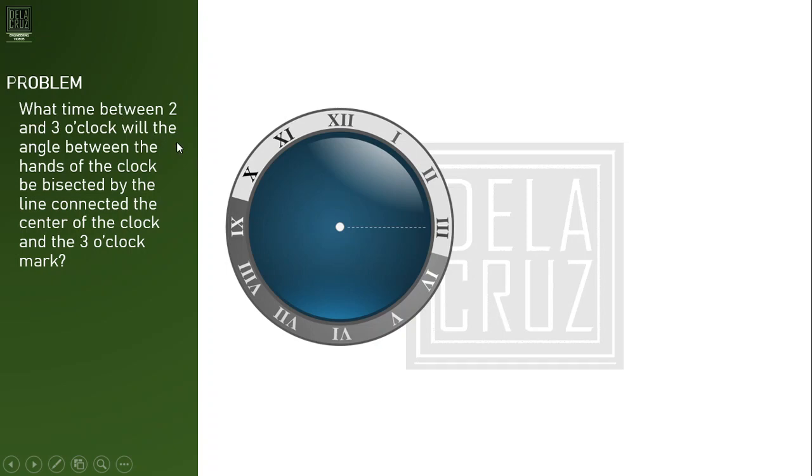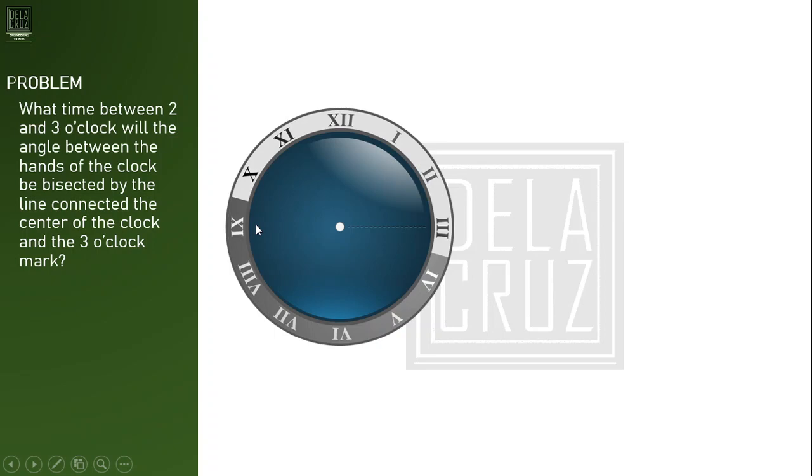So yung time natin, we are certain that that is around 2 o'clock further, no? 2 o'clock upward. Because sinabi niya dito, what time between 2 and 3 o'clock. So it is between the 2 and 3 o'clock. So somewhat in the 2 o'clock mark pa siya.